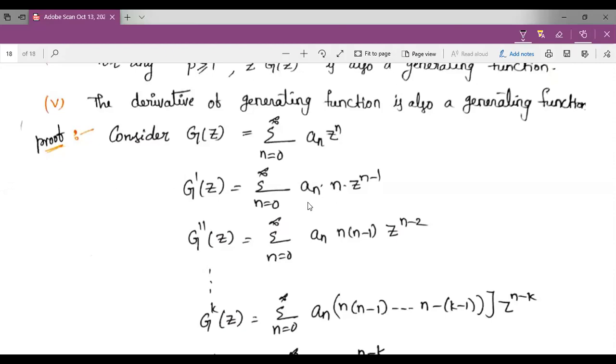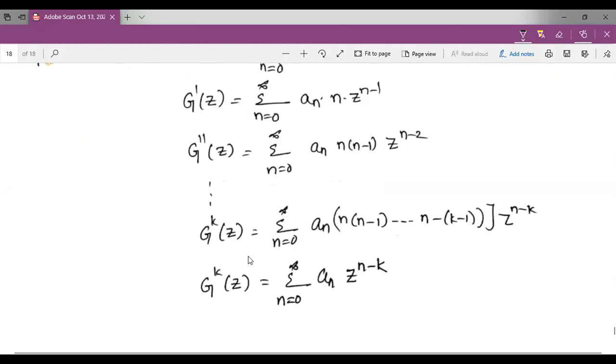Again we differentiate, g double dash of z is equal to summation n is equal to 0 to infinity a n into n into n minus 1 into z power n minus 2. And so on, k times we differentiate this, we get summation n is equal to 0 to infinity a n into n into n minus 1 and so on up to n minus k plus 1, z power n minus k.